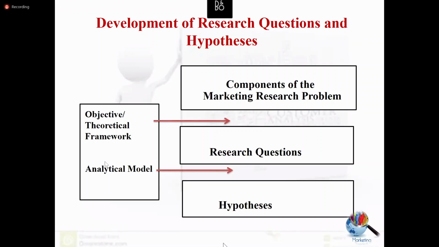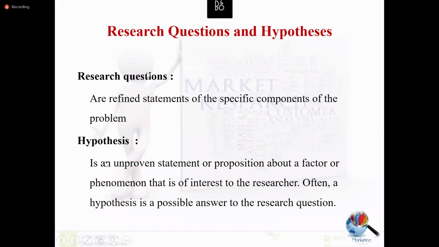So there may be different components, and based on that, the research questions can be asked, and from that we can have some conclusion that is formed into a hypothesis. So this is of course the second one.